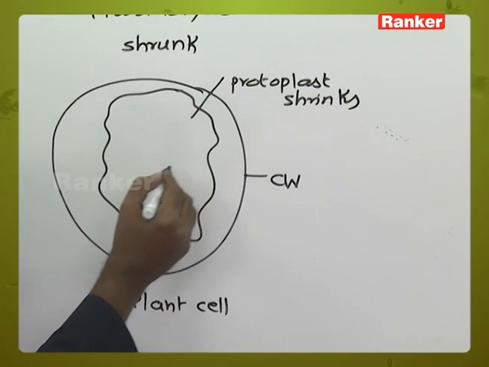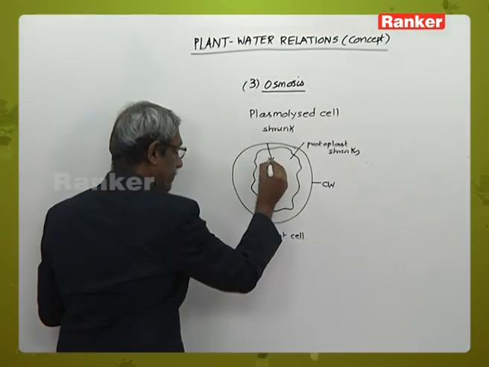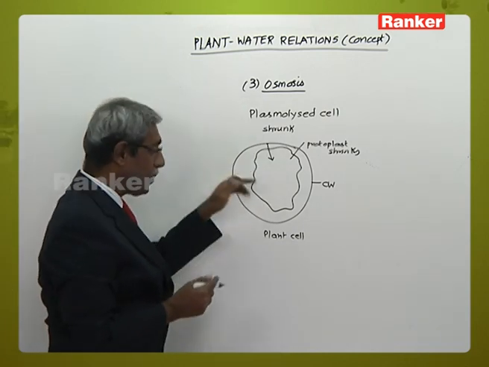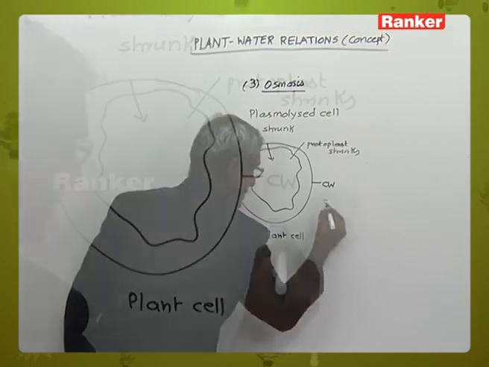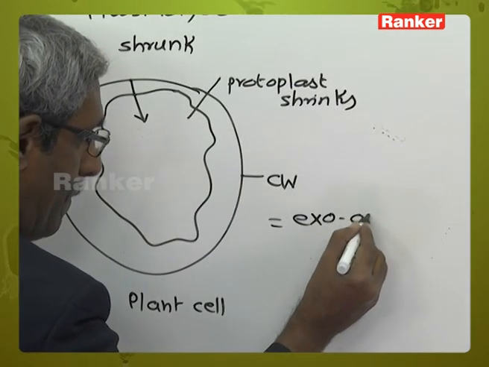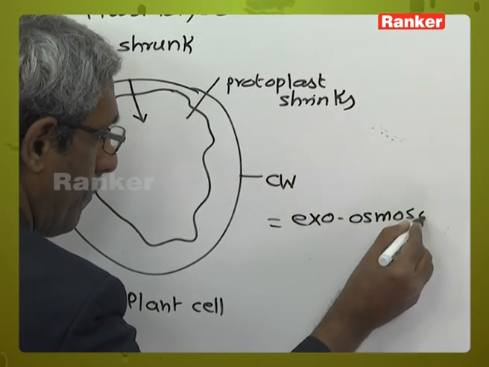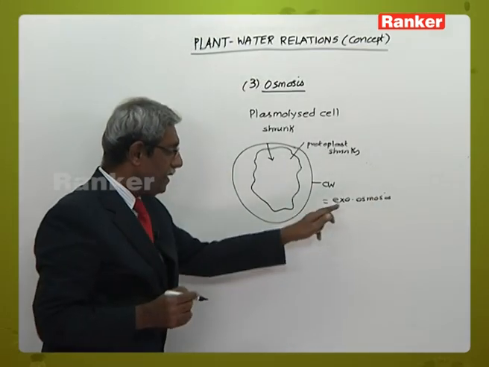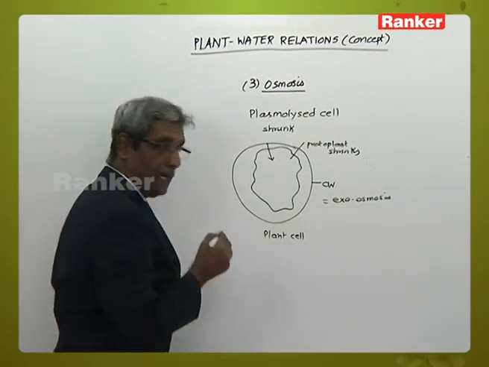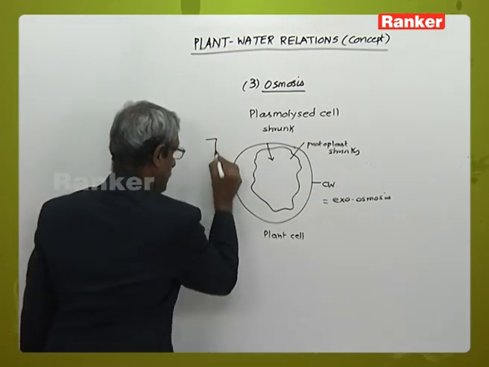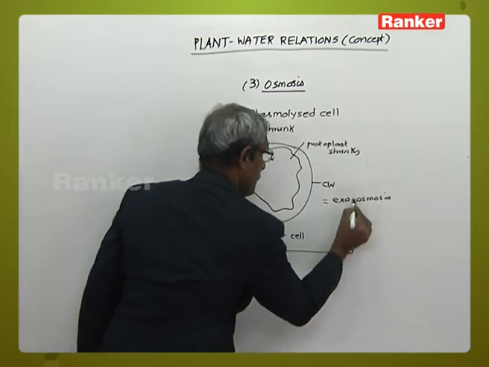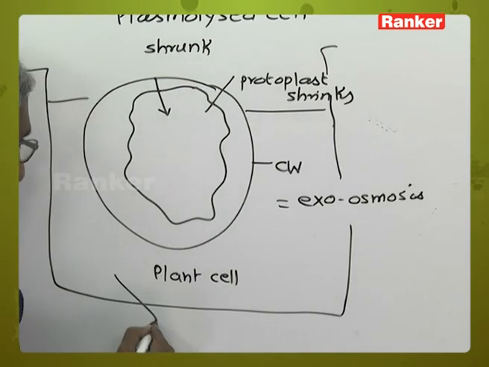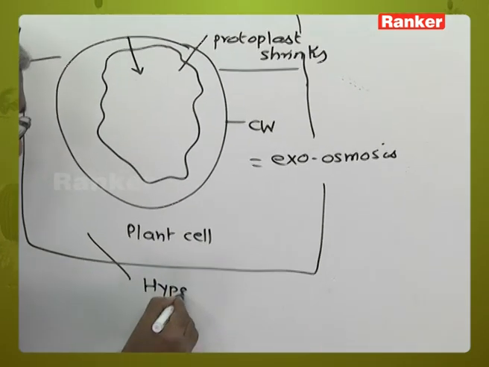The protoplasm in turn shrinks and goes inside from the cell wall, and this process of shrinking is termed exosmosis. It shows exosmosis when it is placed in a hypertonic solution, when the solution is hypertonic.